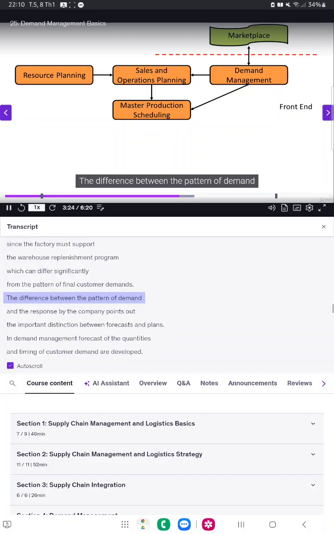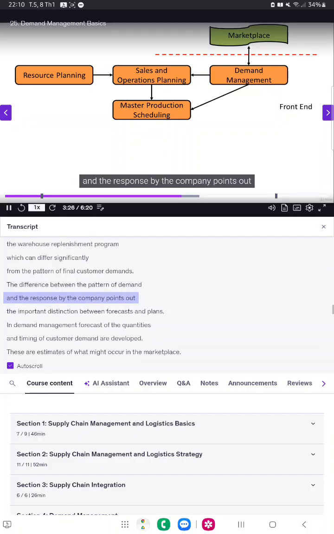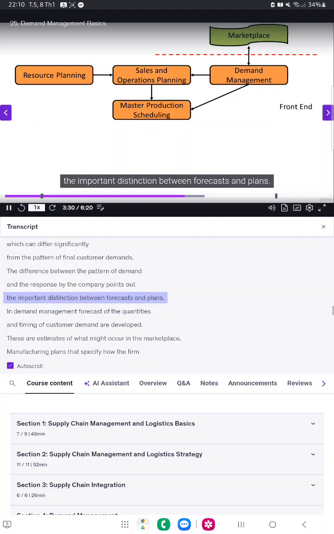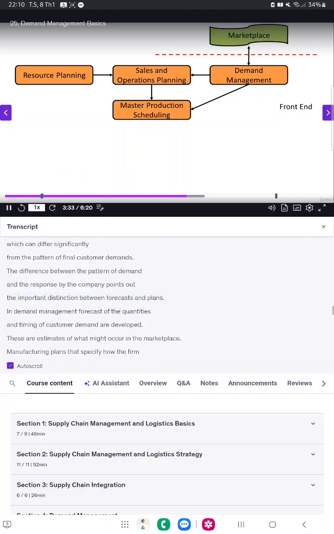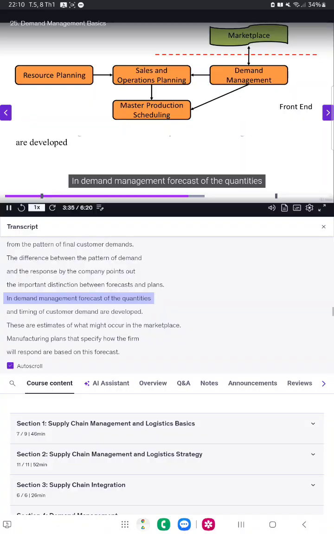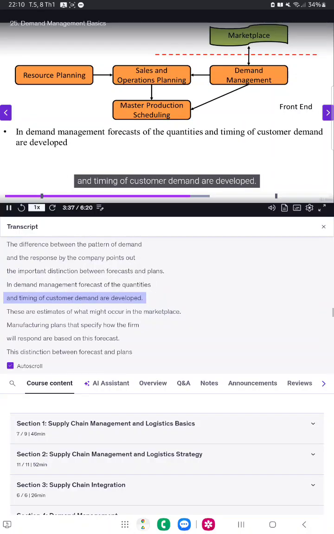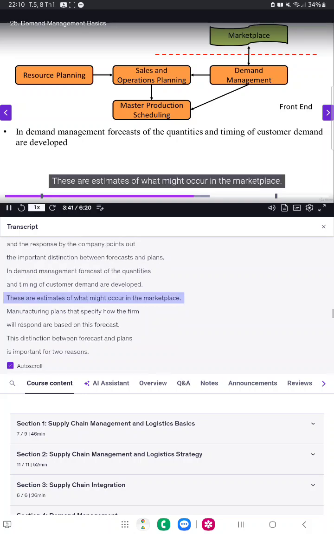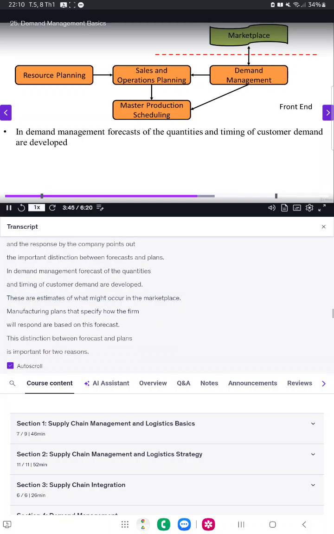The difference between the pattern of demand and the response by the company points out the important distinction between forecasts and plans. In demand management, forecasts of the quantities and timing of customer demand are developed. These are estimates of what might occur in the marketplace.